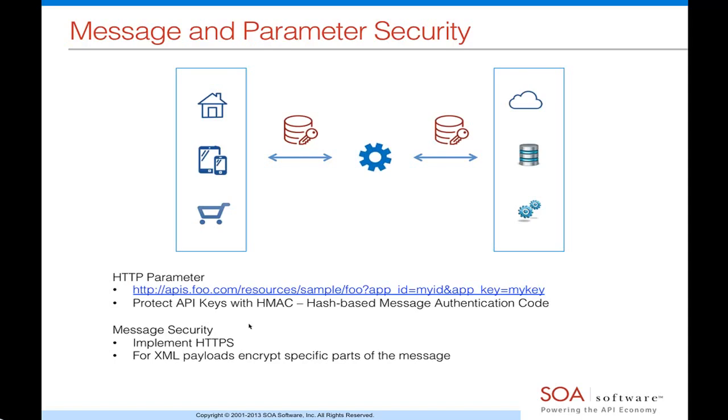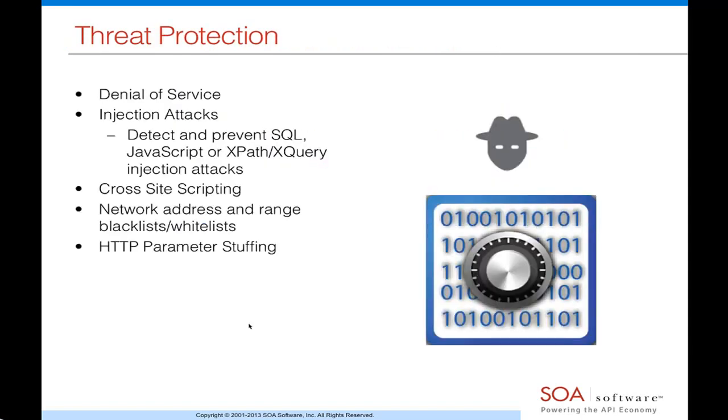But those are things, and then obviously you need the client to know what policies are there and have access to those protection policies. So that's message and parameter security. The next is threat protection. And that's a very, very important aspect of your security, which is you need to build into your API infrastructure provisions to protect your service from getting hacked.